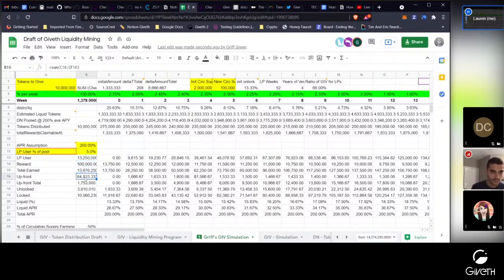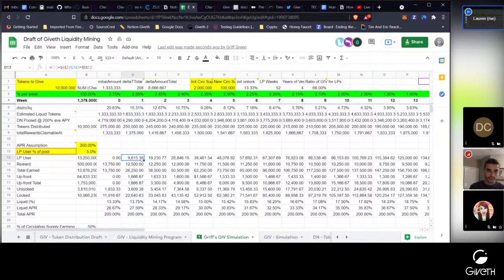And it's like, okay, total earned, upfront amount. It's cool. It's a sanity check, basically. Yeah, this first row is just a sanity check, and then in week 0 there's nothing in the pool yet. But then they have this much, and this much, and this much.